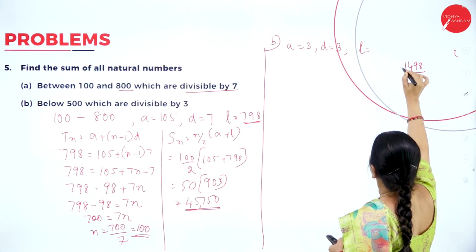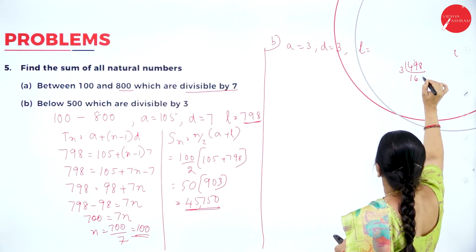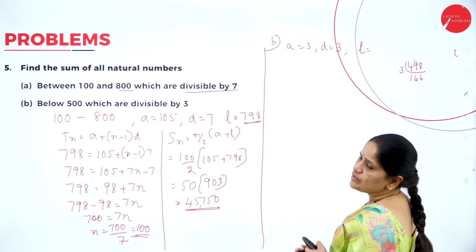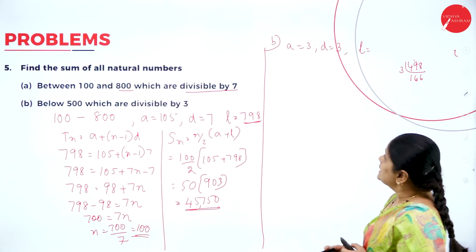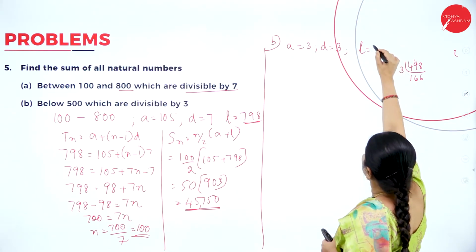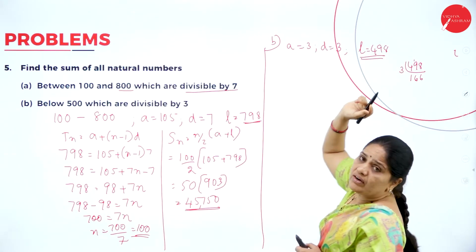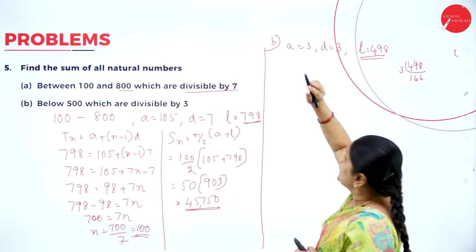498 divided by 3. 3 ones are 3, 3 sixes are 18. So 498 is divisible by 3. So I get the last number as 498. Now I have to find the nth value.